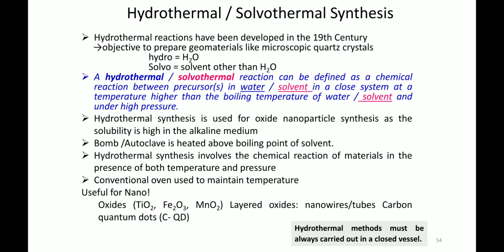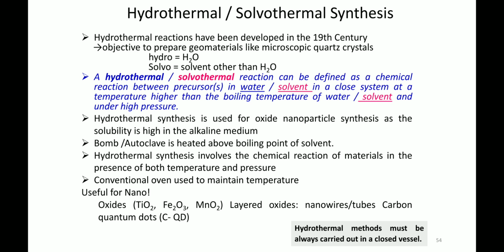Second point: instead of water, if someone uses a solvent different than water, like ethanol, methanol, or some other solutions, but it does not contain water, then it is called solvothermal synthesis, the solvothermal technique.